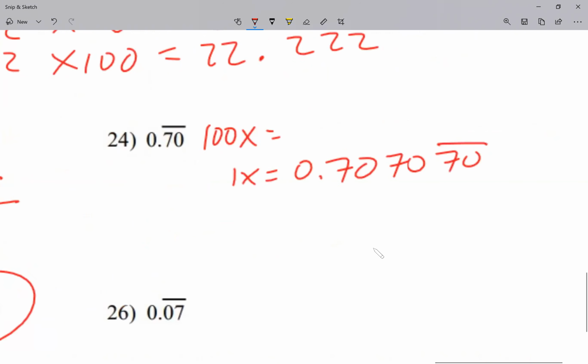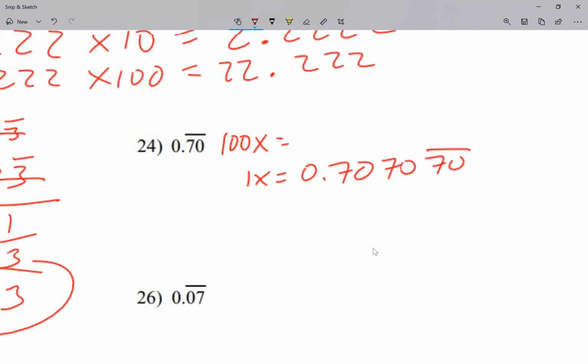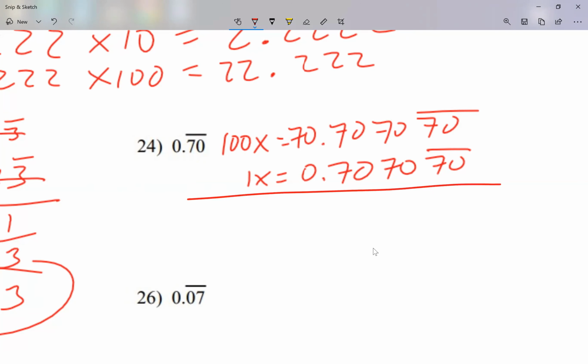Now that I have this, if I move my decimal 2 places to the right, that's going to give me 70.70, 70, 70, and a bunch of 70s. Let me subtract this. Here's my equal sign. On the left side, 100 minus 1 gives me 99x. I know my numbers after the decimal cancel out, because I'm subtracting.